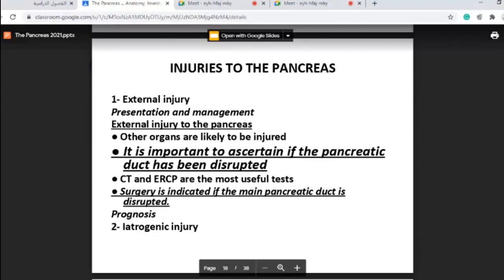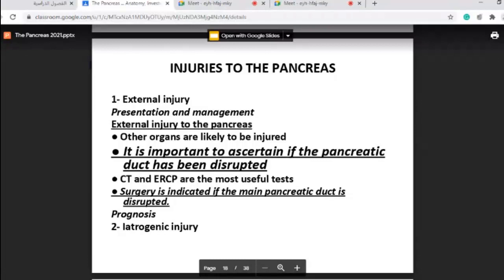Other organs like liver, stomach, bowel, mesentery bleeding, spleen, maybe intraperitoneal bleeding. So usually it is associated with other major injuries to other abdominal organs, like in cases of car accident, shell injury, of course. In our country, a lot of shell injury disease.